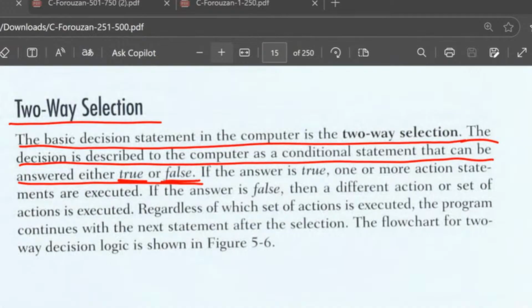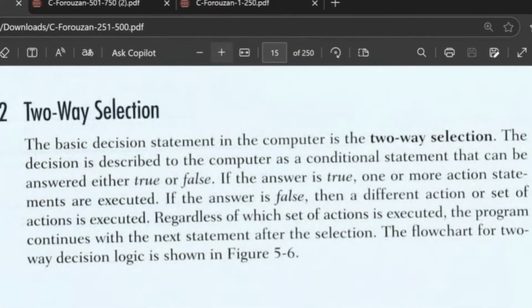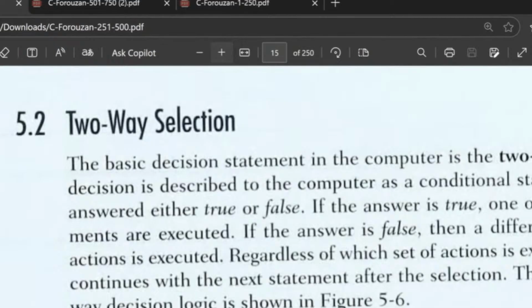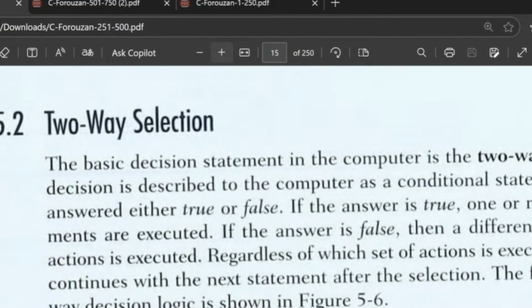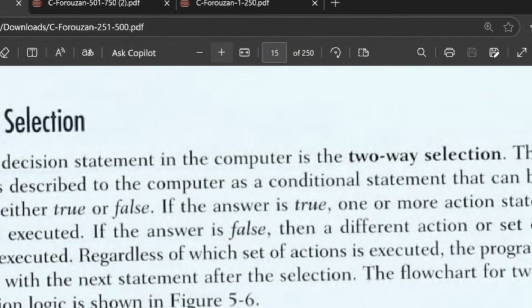Just note this, make it fast. The basic decision statement in the computer is two-way selection.